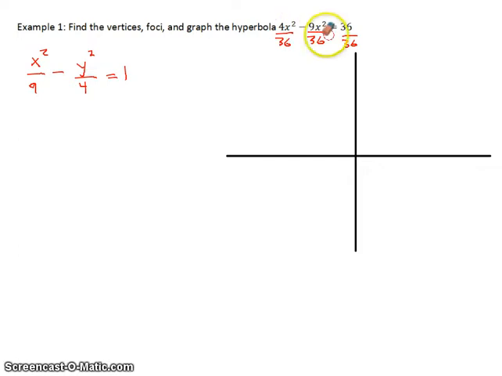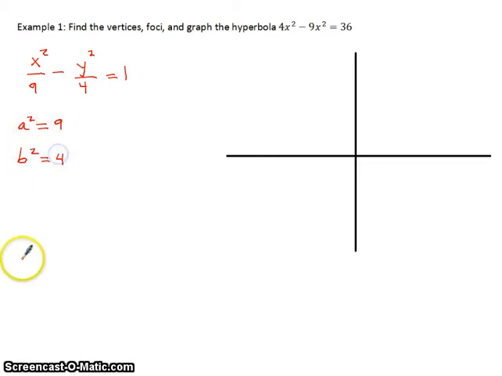I believe that it's easier to identify the different parts of the hyperbola after we come up with a picture, an illustration that helps us to understand things. The x squared is over the a squared in this case, so that means that 9 is equal to a squared and that b squared is equal to 4.